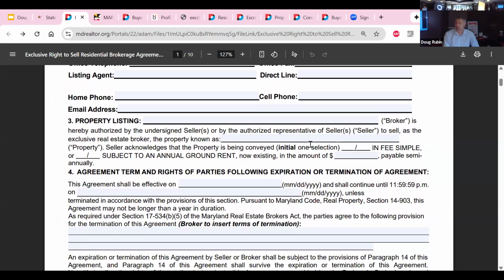You're going to ask the seller if the house is owned in fee simple or if it is subject to ground rent. For those that may not know exactly what ground rent is, I'm not sure anybody knows exactly what it really is. It is the most bizarre thing that basically only exists in Baltimore City. I think there's like 3 places in the country: Baltimore, somewhere in New Jersey, and Hawaii.